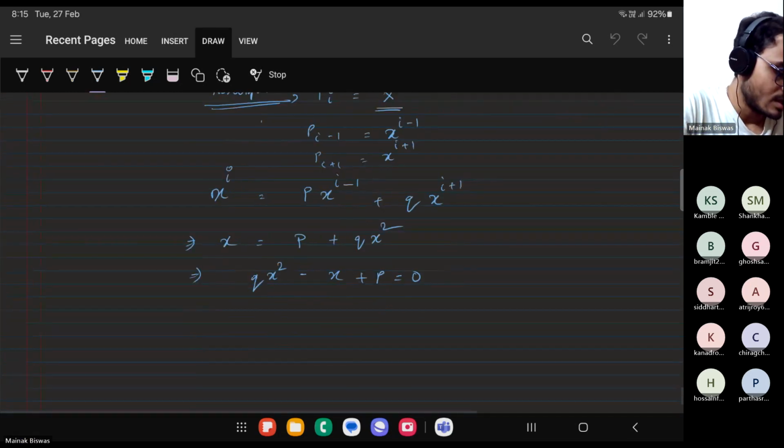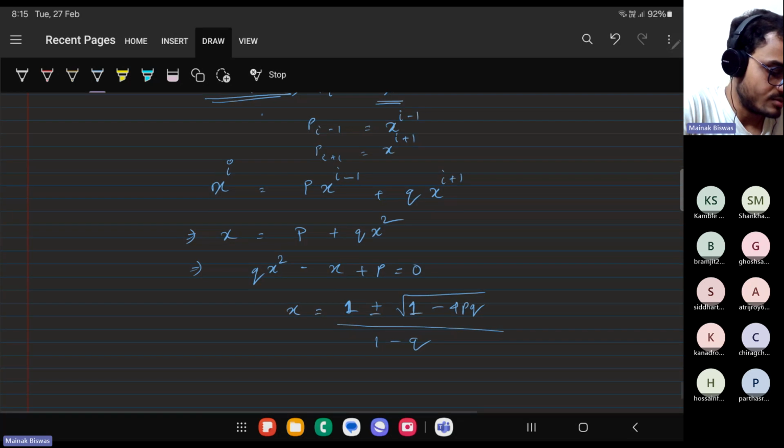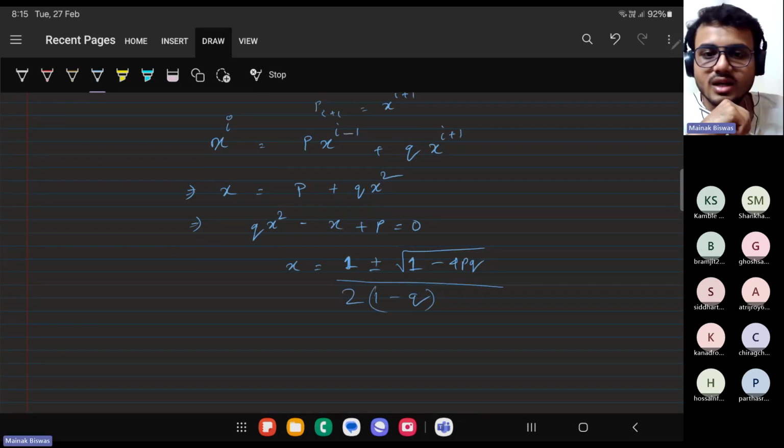Okay. So what is the value of x? You'll get x equal to 1 plus minus the square root of 1 minus 4pq, divided by 2q. Agreed? This is what you get.